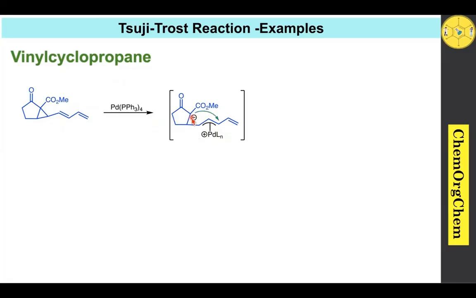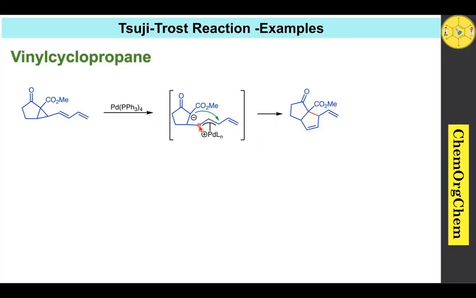Now this one acts as a nucleophile. This nucleophile attacks this carbon, which produces the corresponding five-membered fused ring system.